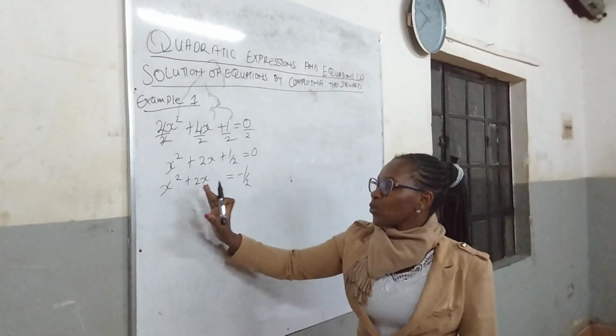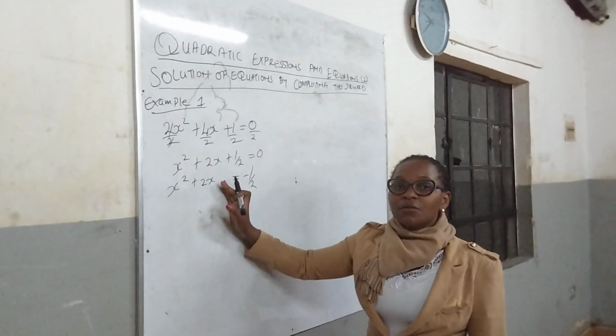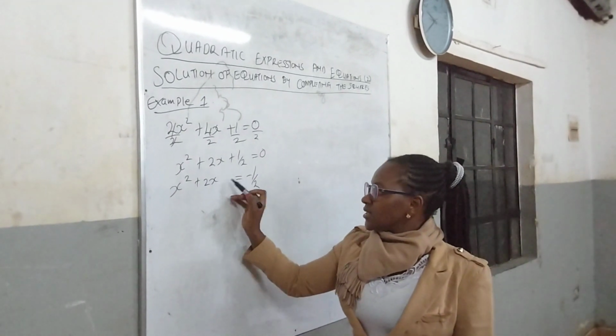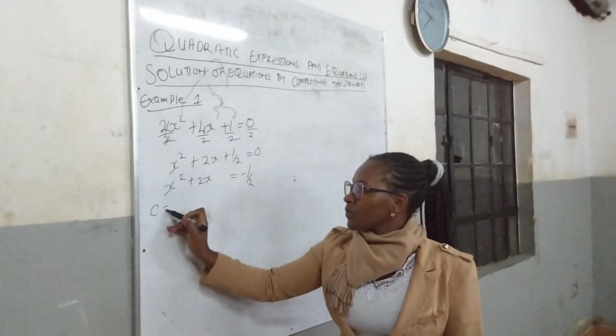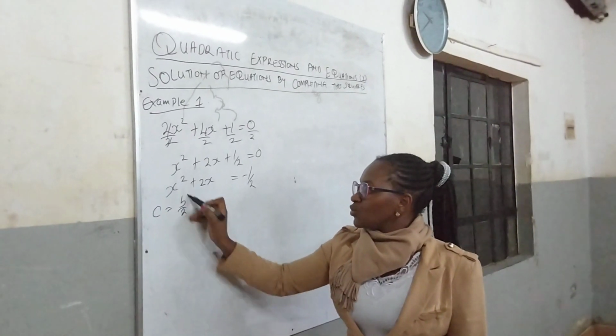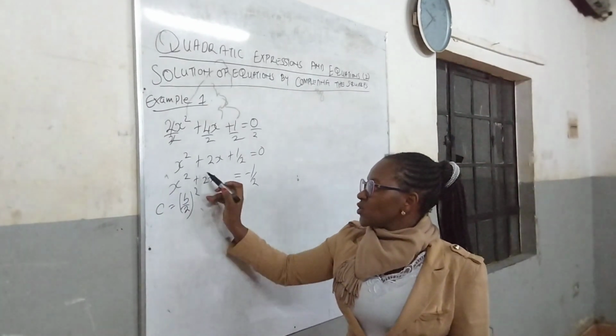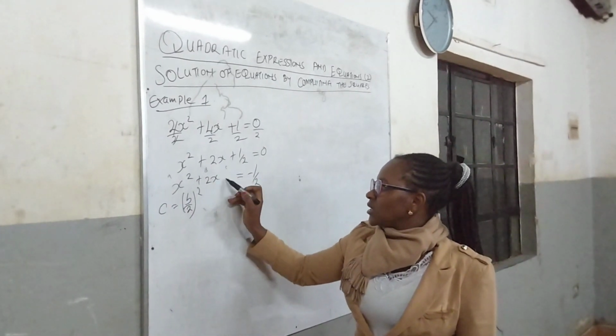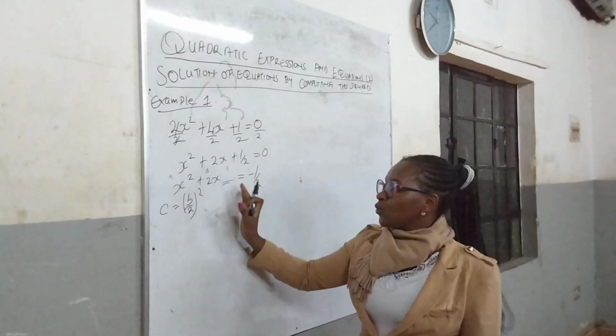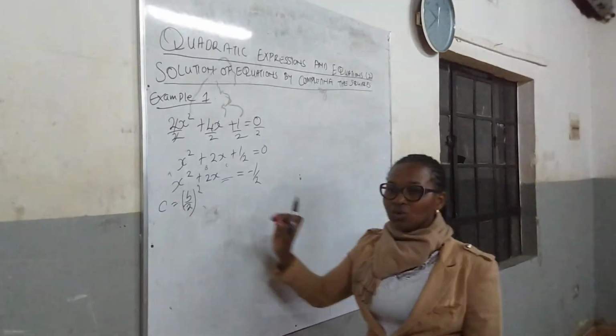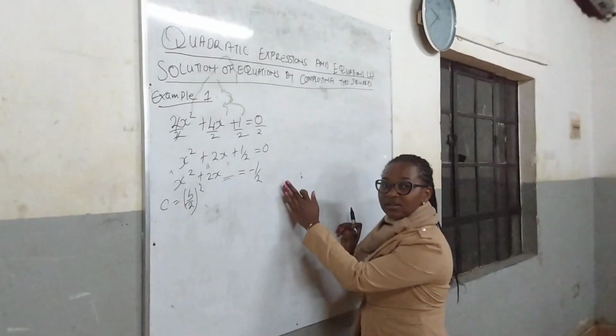We have A, we have B, we are now looking for C. We said it is (B over 2) squared. So this one is our A, this one is our B, now our C should be here. And what we do on the left hand side, we do the same on the right hand side.